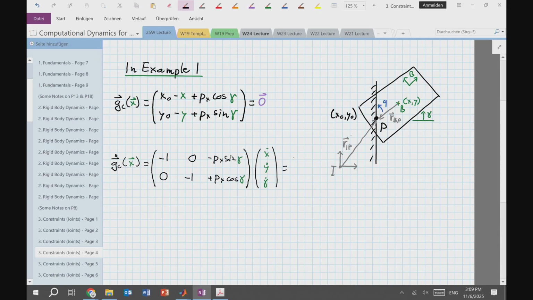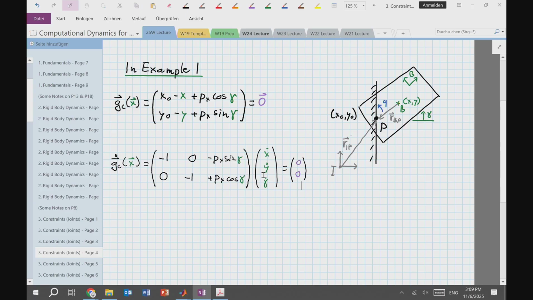And the result of this should be equal to a vector with 2 zeros. How do I read this? I suggest you read this as a bunch of dot products, right? There's a matrix product, but matrix product is row times column. So that row times that column equals 0.